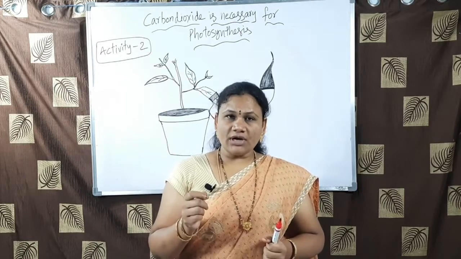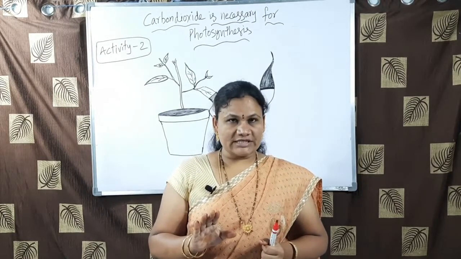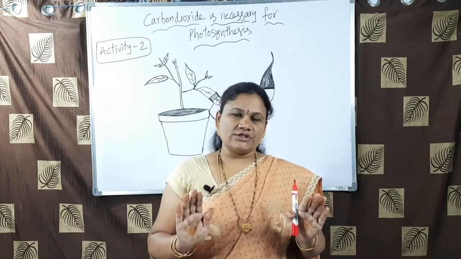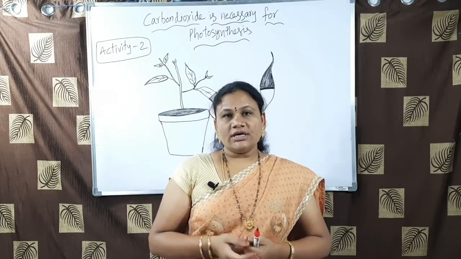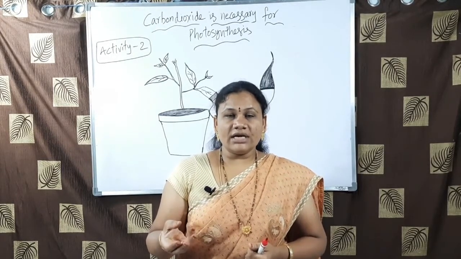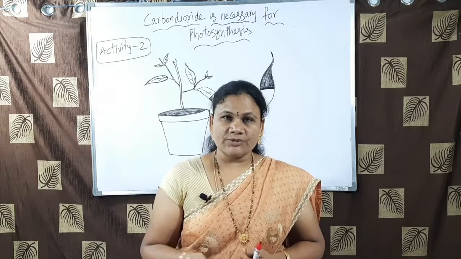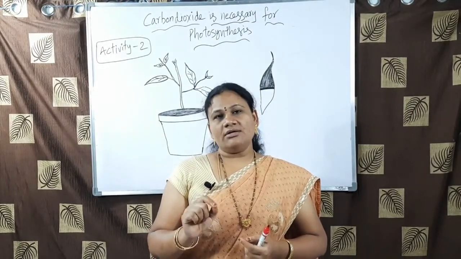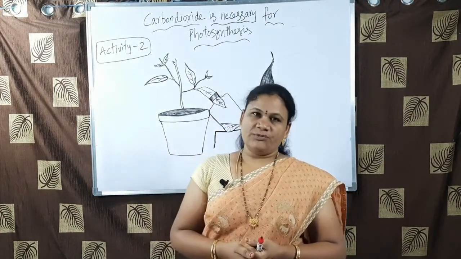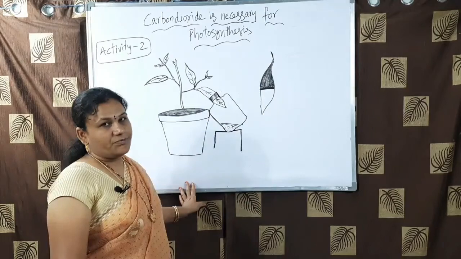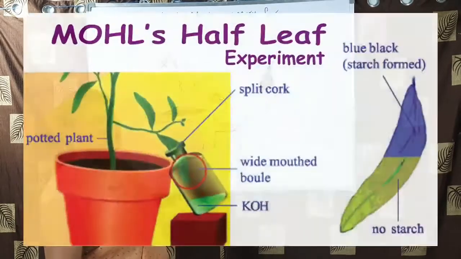If there is no light, there is no photosynthetic activity. If there is no photosynthetic activity, there is no starch formation. In other words, we are making the leaves free from starch, so there will be no interference with the result of this activity. So select a destarched plant with broad leaves.